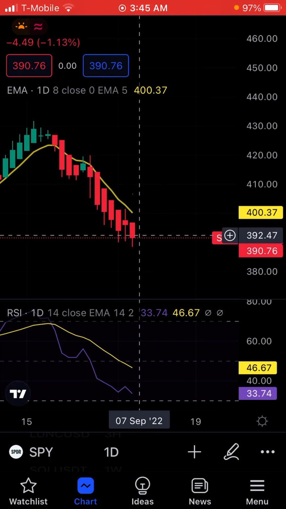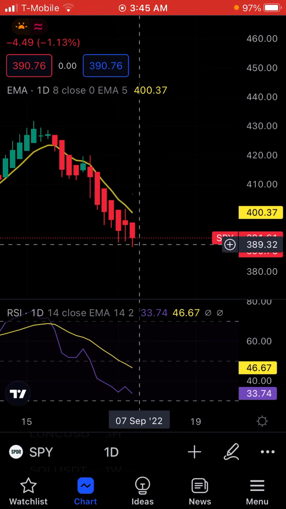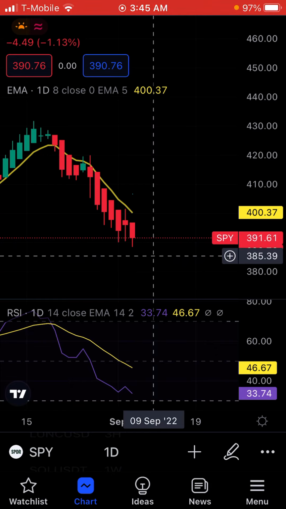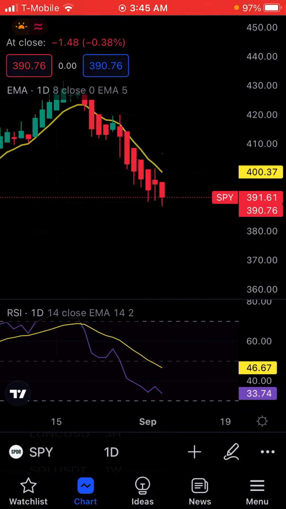The candle is far off from touching the 8 EMA, which means there's probably a lot more downtrend for it to go. And this could continue for a while because pretty much the whole market is down too. So this could continue for a while.